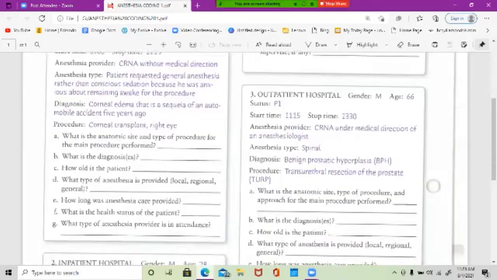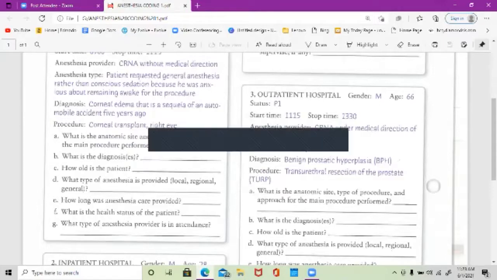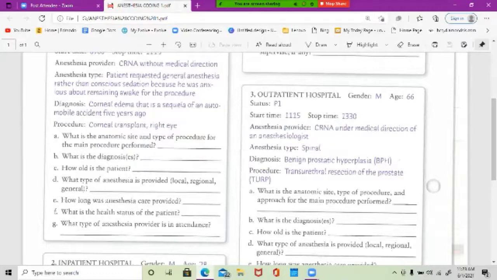That's right. Okay, what type of anesthesia provider is in attendance? Loriana. CRNA. Yep, without medical direction.